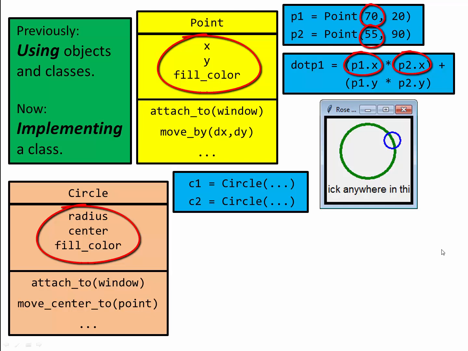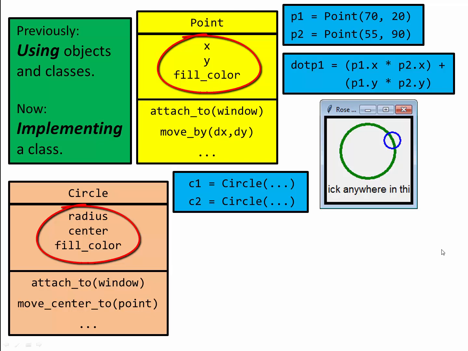By the way, I am using names for my variables that are not as descriptive as good names should be, and I am doing illegal line breaks for those to make the examples fit on the slide. It is critical to note that since p1 and p2 are both instances of the same class, point, both p1 and p2 have the same name associated with them for the value of their x-coordinates, namely the name x.